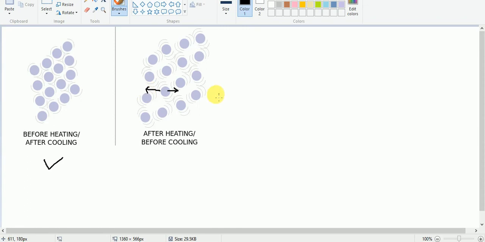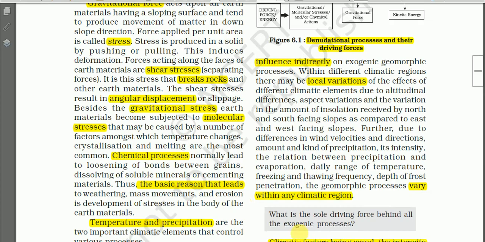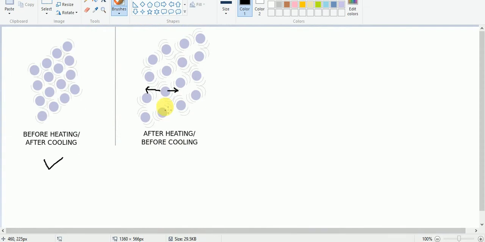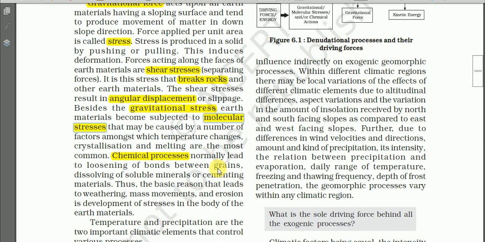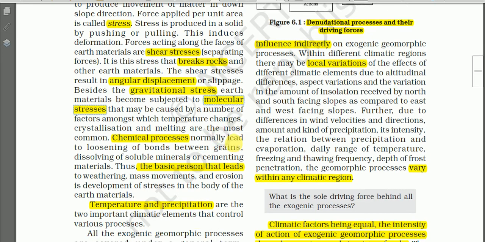That means it is subject to molecular stresses. The molecules here are expanded when the temperature is increased. So you will mainly find these molecular stresses in the mechanical and chemical weathering processes.